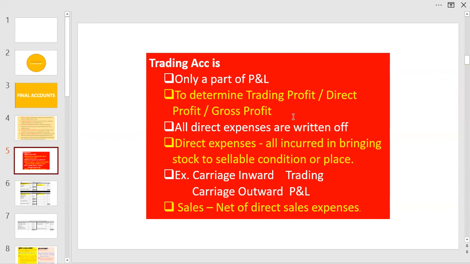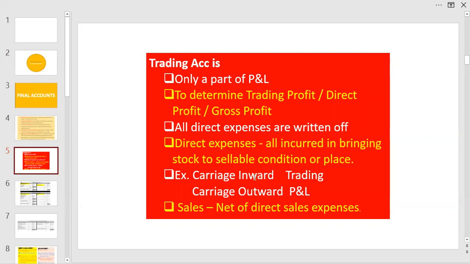All direct expenses are written off in trading account. Direct expenses refer to those incurred in order to bring the product to a saleable condition or to the point of sales.